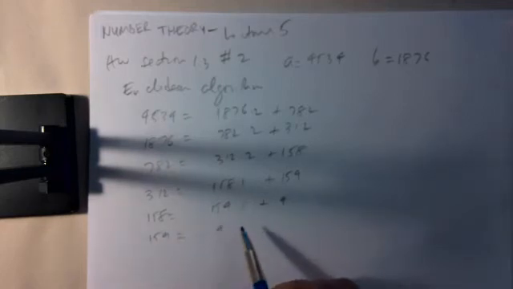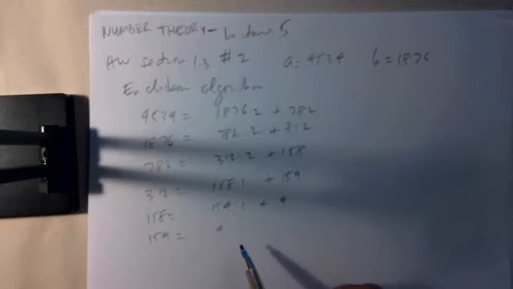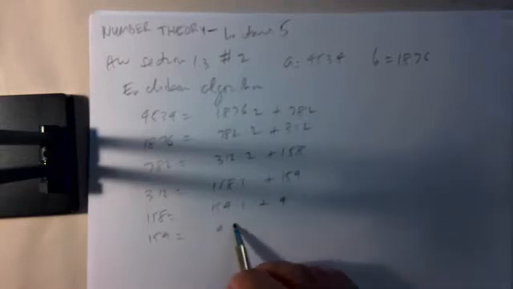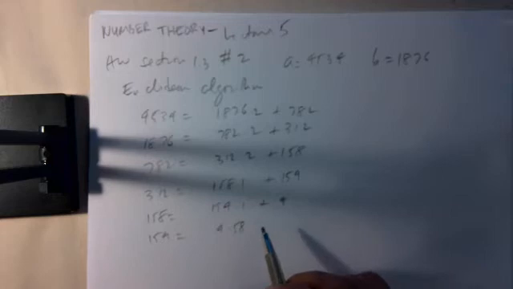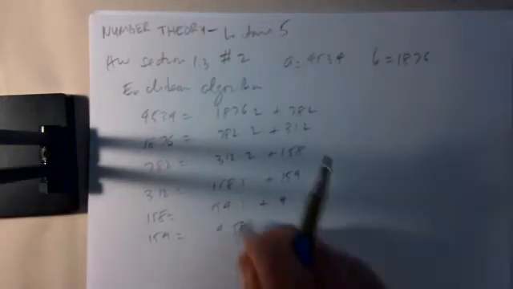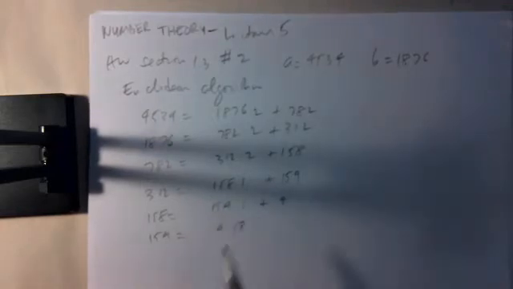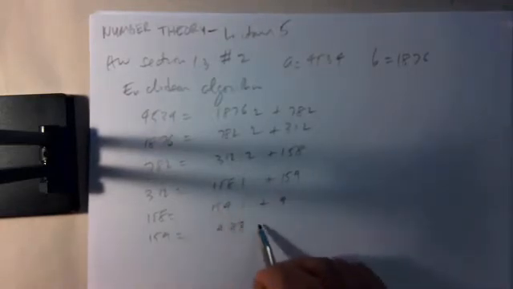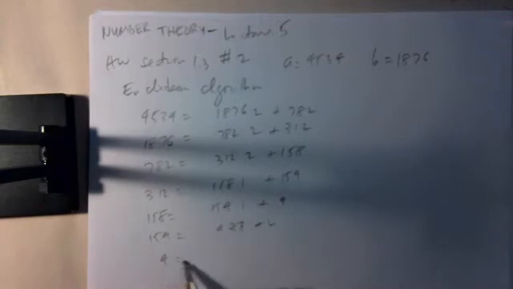154, if you divide it by 4, you have a quotient of 38, I think. 38. And what is the remainder? 2. And if you divide 4 by 2, you get 2 and a remainder of 0.